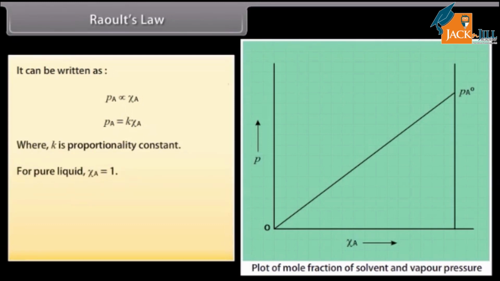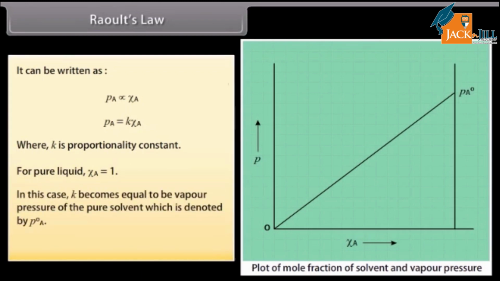For pure liquid, XA is equal to 1. In this case, K becomes equal to vapor pressure of the pure solvent, which is denoted by P naught A. Thus, PA is equal to P naught A into XA.